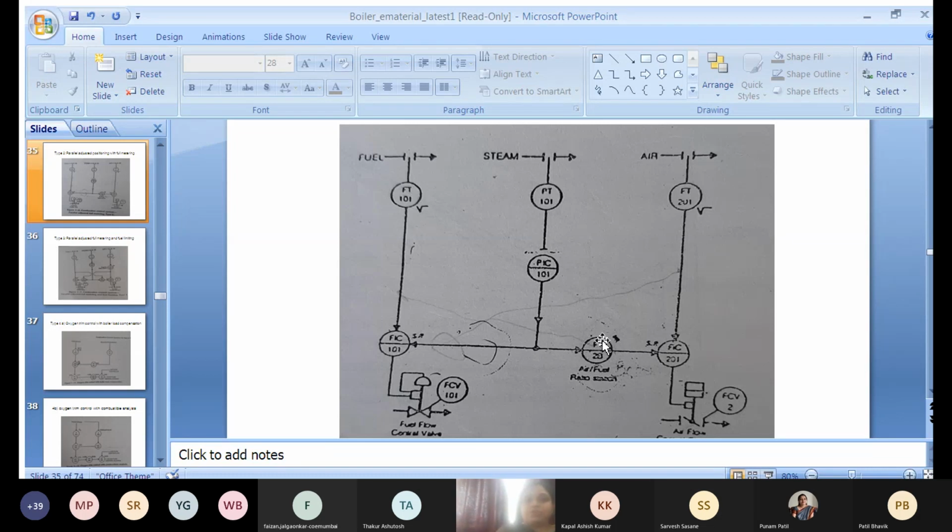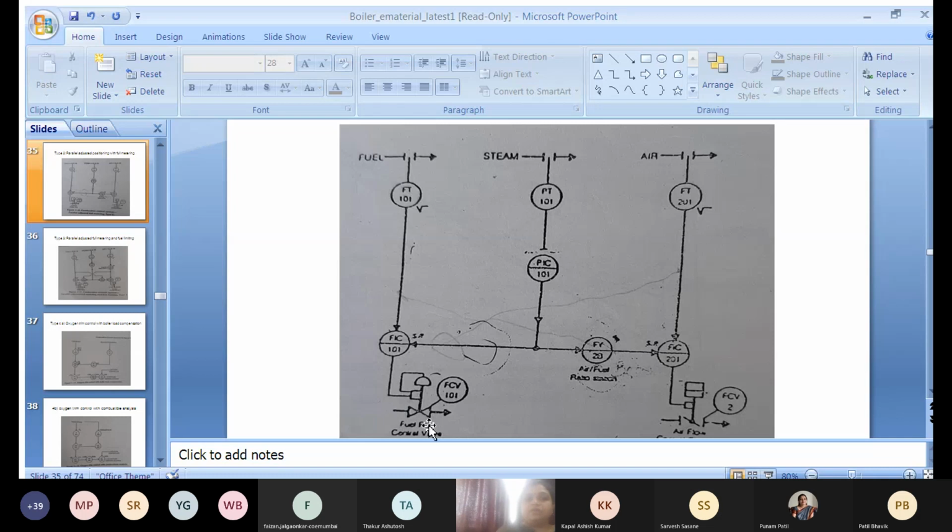you need to add a ratio station, either here or here. In any one of the lines, you need to add the ratio station. So it is shown over here. It is nothing but a fuel to air ratio station. It will maintain the ratio for the same amount of set point.